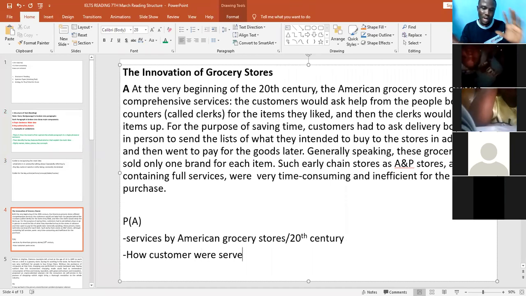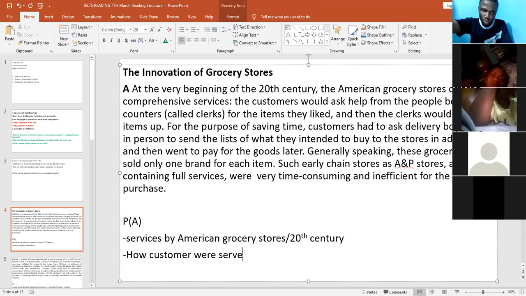I don't need to memorize it. They ask for help from the clerk, and sometimes errand boys go ahead to buy the things listed, help them find it, then later they go pay. So, how customers were served, that's it.